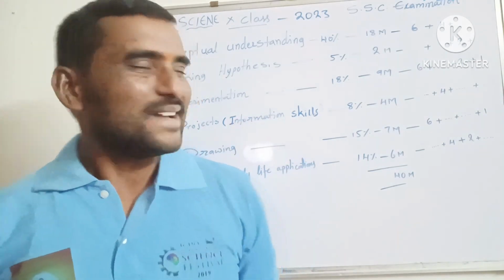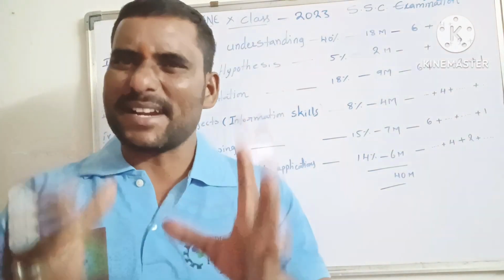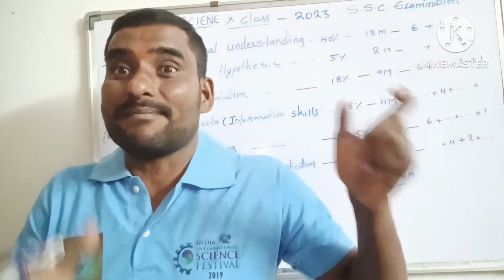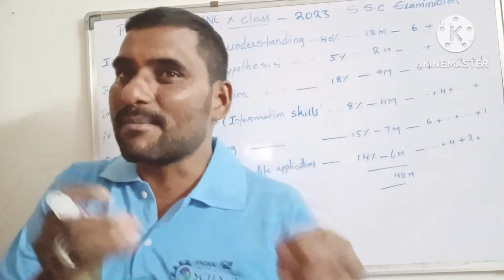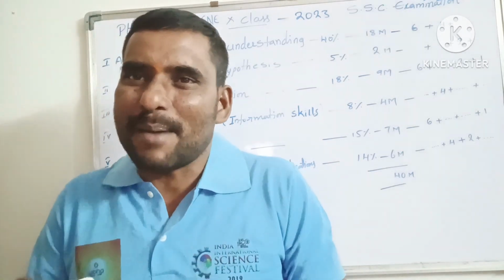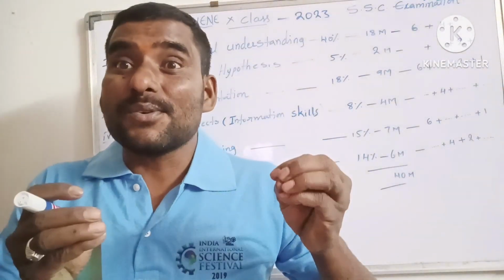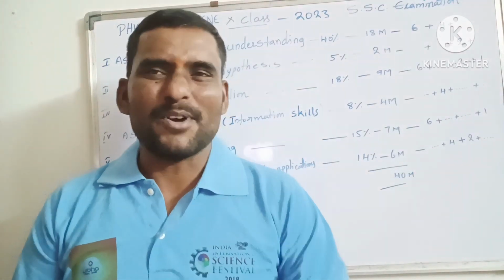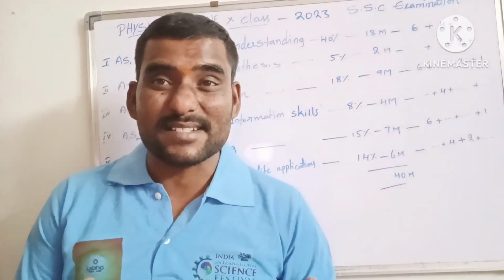This is just our expectation, not exact. Here they are going to ask differences, comparisons, explain why the sky appears blue in color, why the sun appears red during morning and evening, and explain the characteristics of the image formed by a convex lens. They may also include problems in this conceptual understanding about resistances, resultant resistance, resultant current.